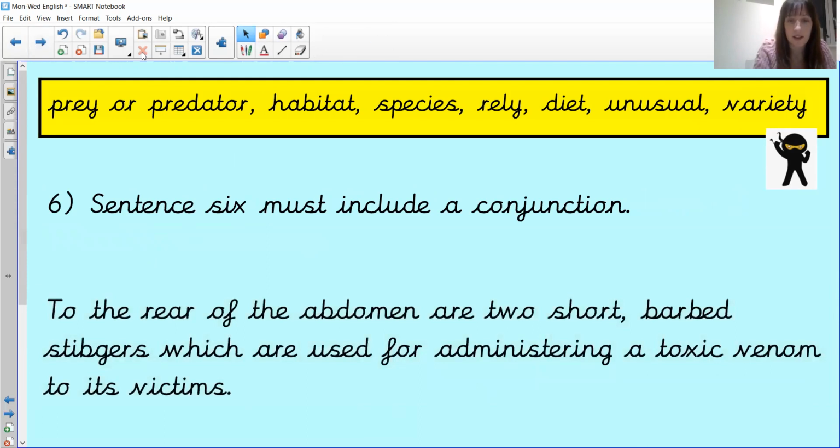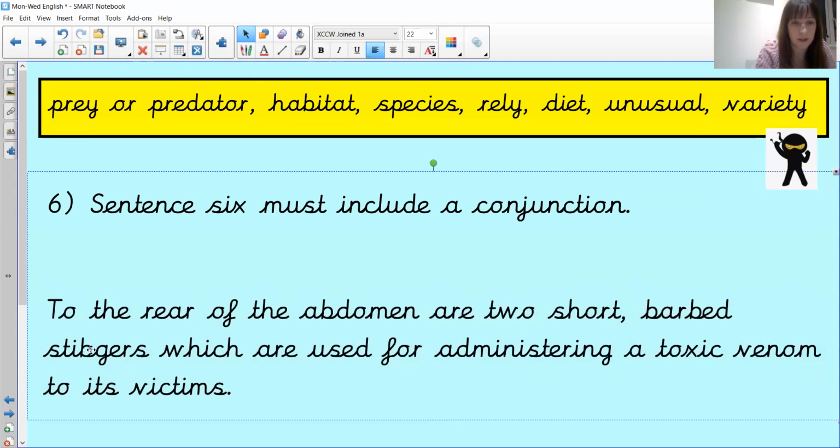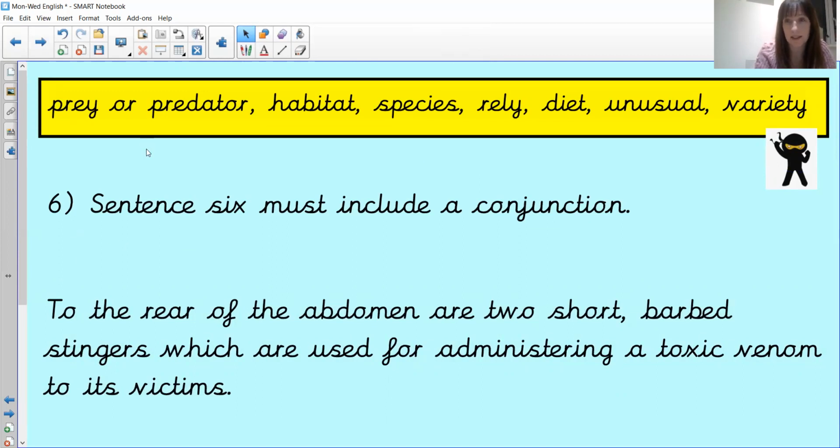To the rear of the abdomen are 2 short barbed stingers, which are used for administering a toxic venom to its victims. All right, so again, it's how it eats, how it catches its prey, isn't it? And I've used the conjunction which, to link those sentences together, to add the detail.